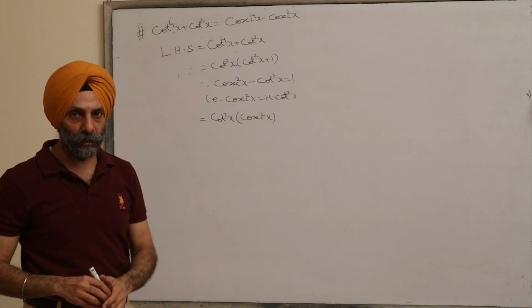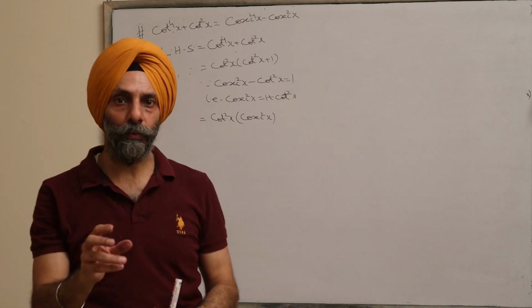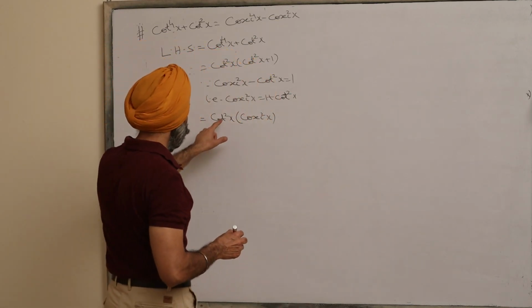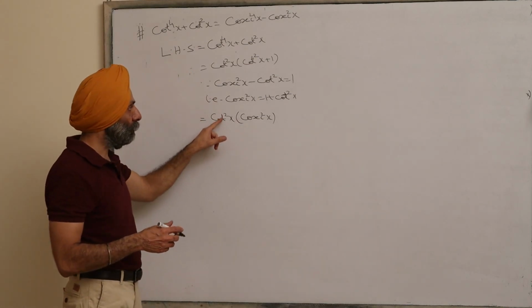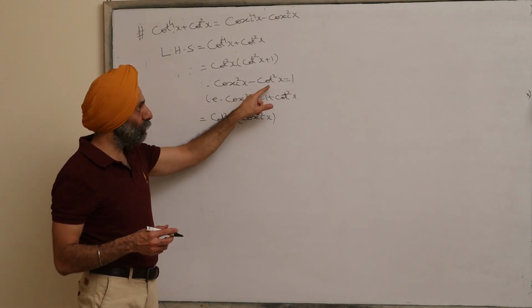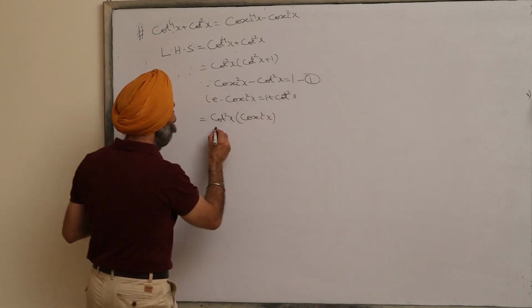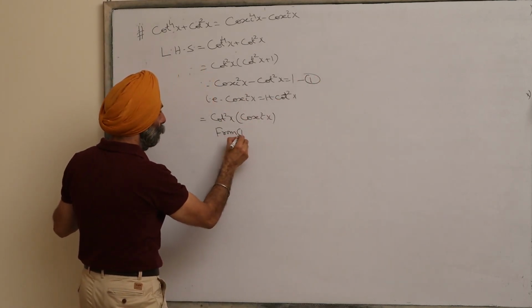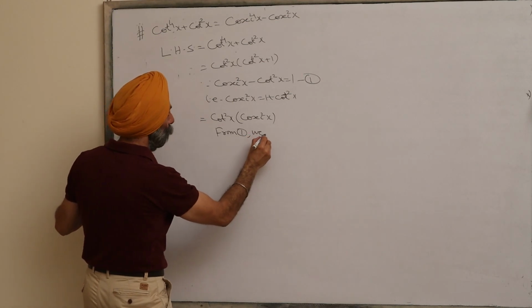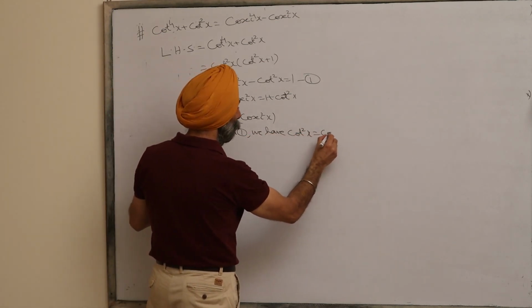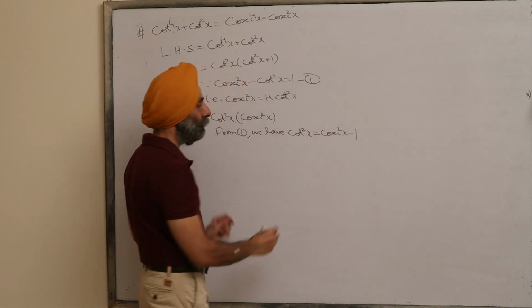Since the right hand side contains two terms, both are in terms of cosecant, so therefore this cot square x needs to be changed in terms of cosecant. So from 1 we have cot square x is equal to cosecant square x minus 1.